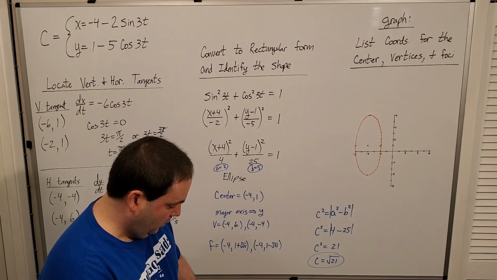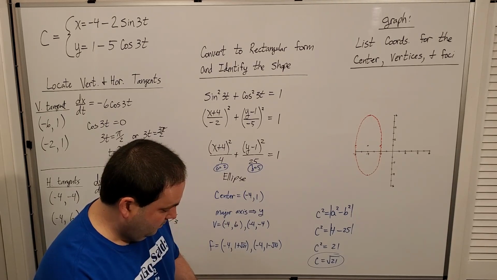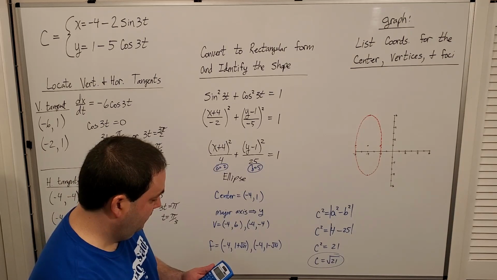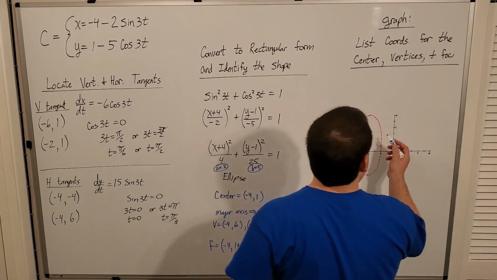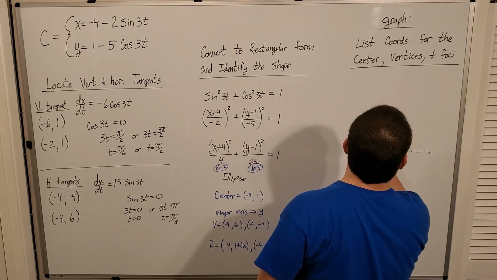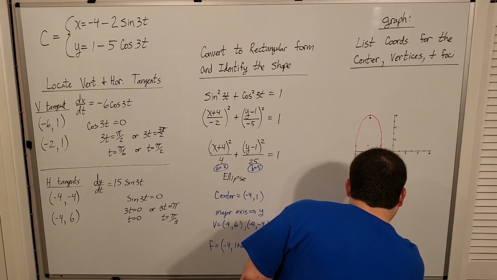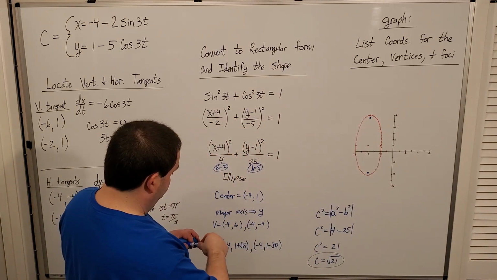So let's see, square root of 21, 4.58 plus 1, 5.58. So really, really close. 5.5, a little bit more than 5.5. So we're talking about right here. And then, of course, naturally it's going to be right here. Those are going to be my foci, those 2 points there.